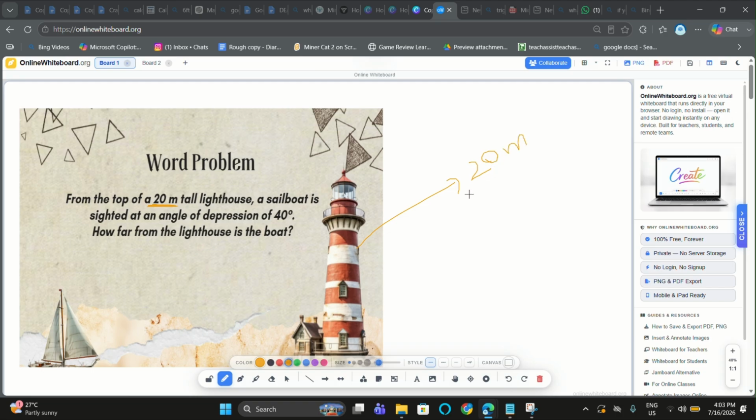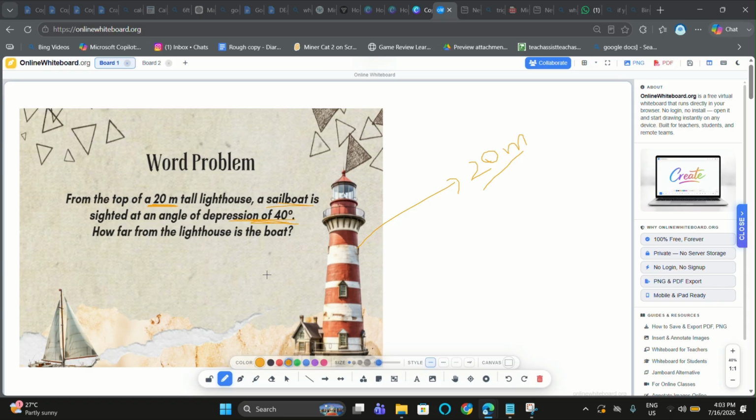Sorry, my manager told me that my handwriting in the last video was pretty bad, so I had to fix it. So from the top of this 20-meter tall lighthouse, which we can see here, a sailboat is sighted at an angle of depression of 40 degrees.